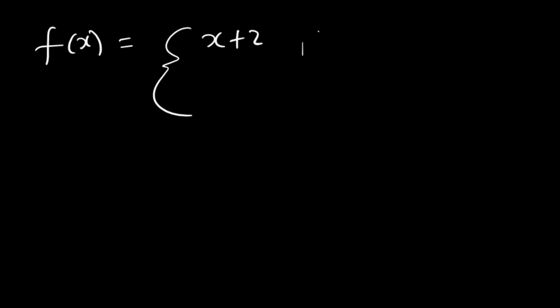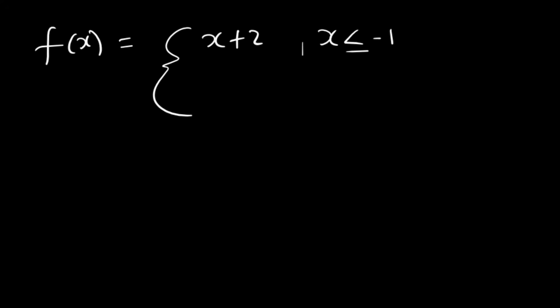So for example, if I've got f of x, this f of x is equal to, let's say, you're going to have several functions. I can have x plus 2. Then the range they're going to give me, the goodness with this one, they already give you the domain: x is less than or equal to negative 1.